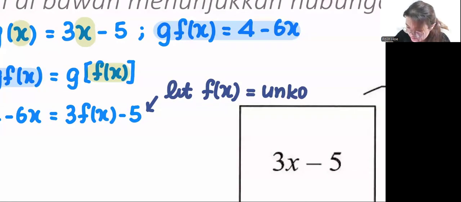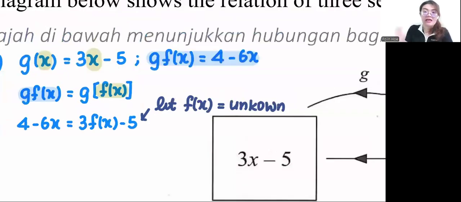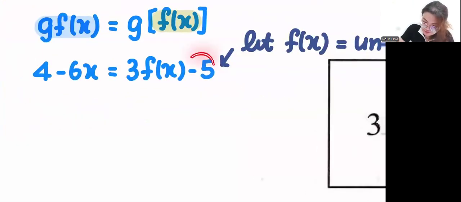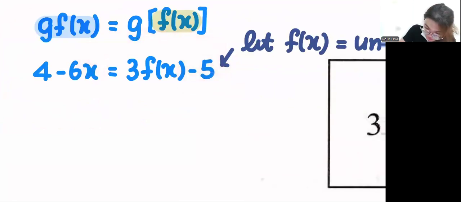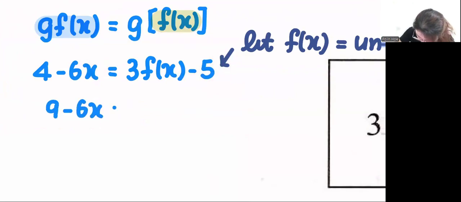You want to find out what it is. So f(x) at the left-hand side. Minus 5 moves and becomes plus 5. So 4 plus 5 is 9. 9 minus 6x equals to 3f(x).